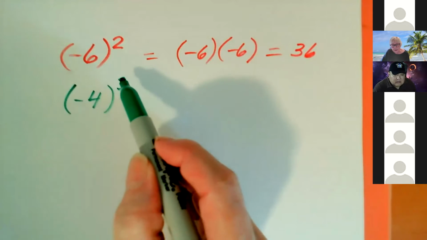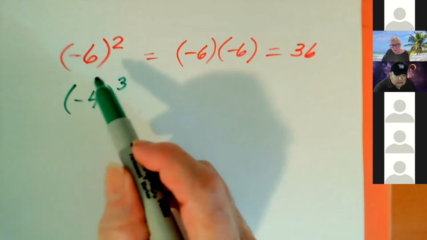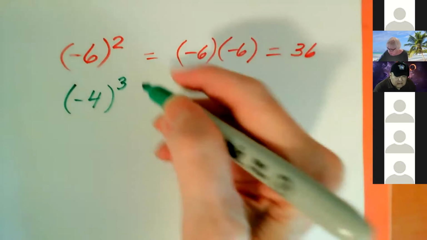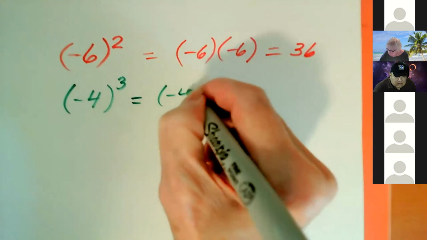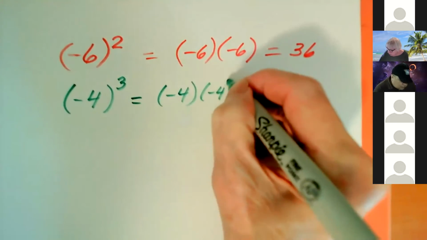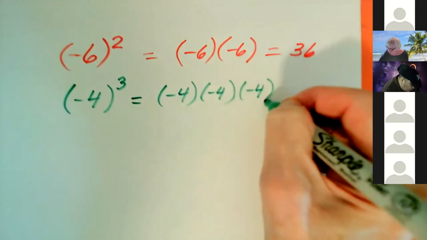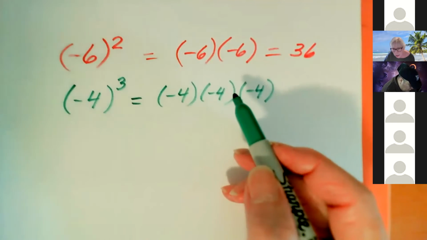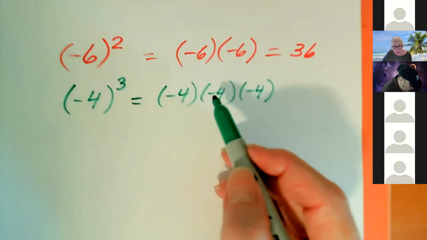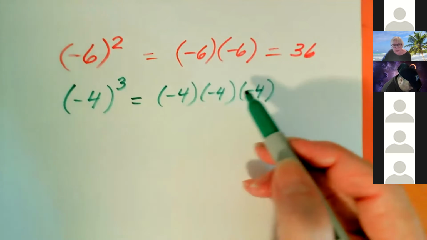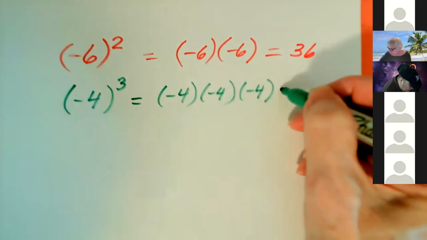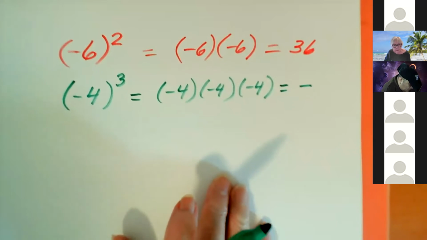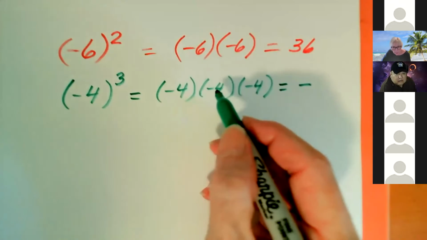The fact that it's -4 three times, it would look like this: -4, -4, -4. One, two, three negatives. That's why I showed you that. The first two negatives go positive. The next one takes it to be negative. And now you have to figure out the number.